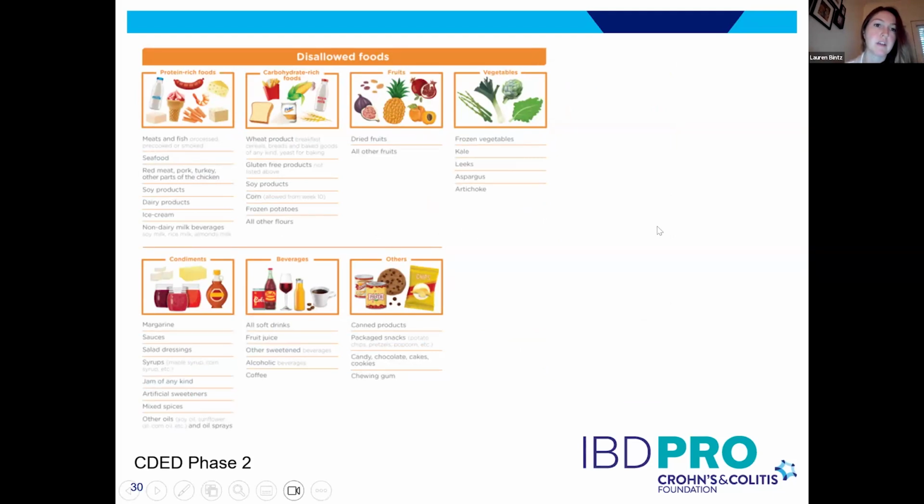And so this includes any processed meats, red meat, pork, soy products, dairy products, wheat products aside from the 1 slice of bread, dried fruits, certain vegetables like kale, asparagus, artichokes, condiments, any sodas, very sugary beverages, any processed candies, processed cookies, essentially junk foods in general, all disallowed on this phase.